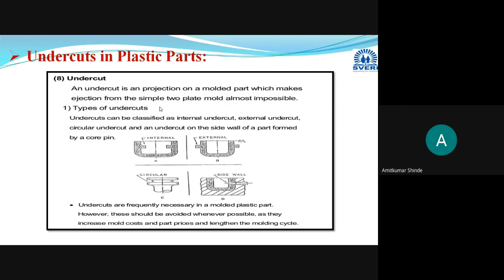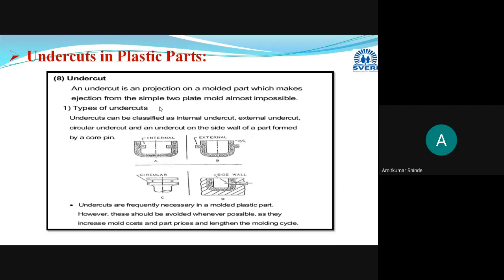Now, as far as the types of undercuts are concerned, four types are there: internal undercut, external undercut, circular undercut, and undercut on the side wall.